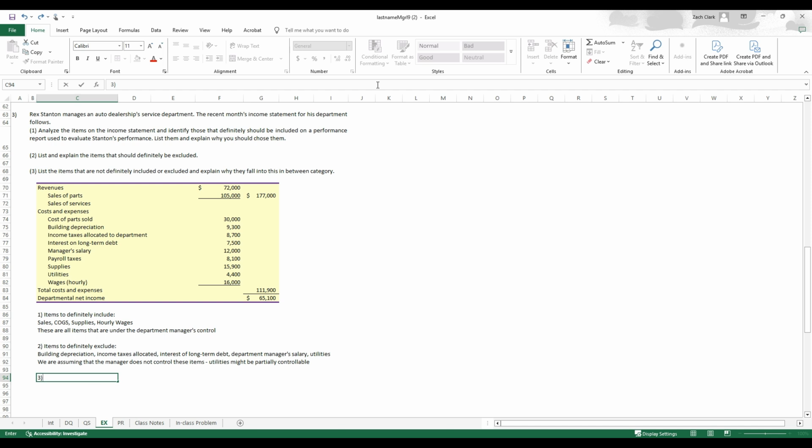Some of those are supervisory kind of actions that can be taken. Items that could be included or excluded. I think I'll just do like we did above. Let's see, payroll taxes.